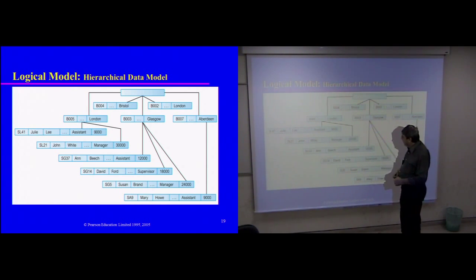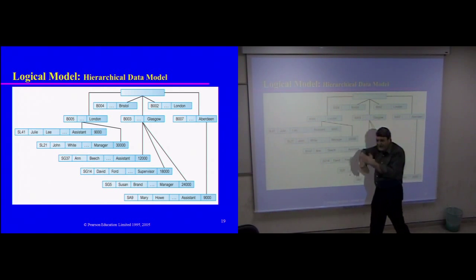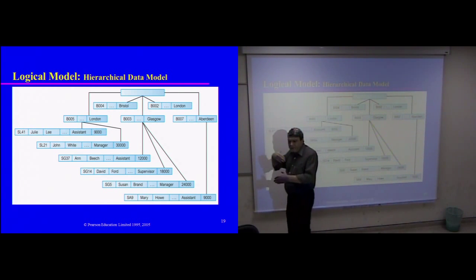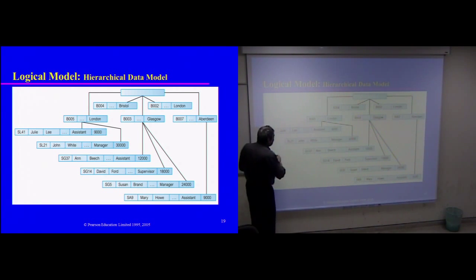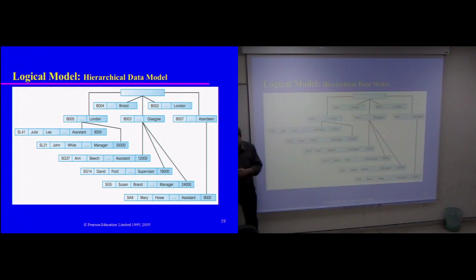So in order to find any record down the hierarchy, you have to start from here. So lots of accesses and searches, and it takes too much time. Not only time for search, but also the more complicated process of insertion. In order to insert a new record, you have to link the new employee to the branch. It's a tough process.